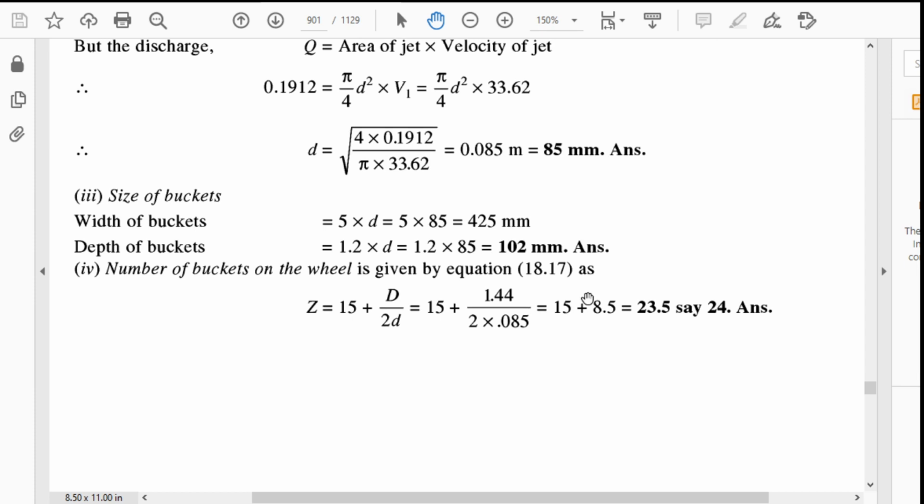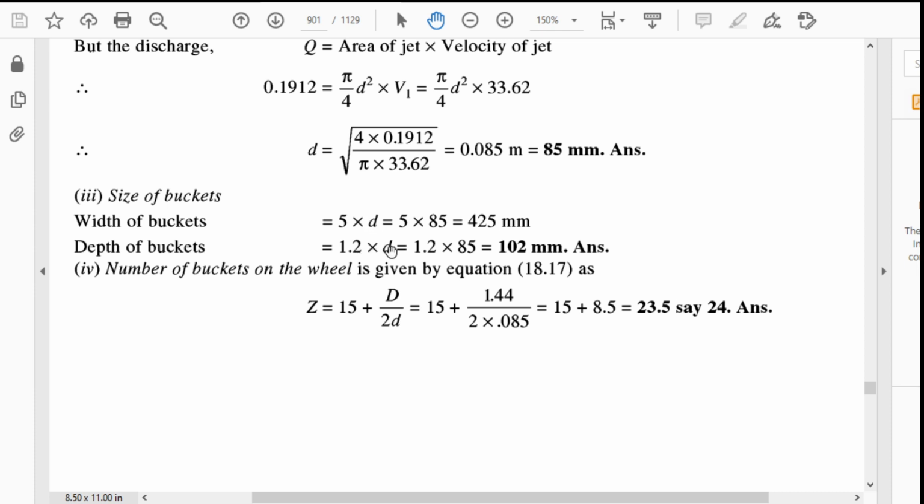Now two parameters we have calculated. Third is the size of buckets, which means width of buckets and depth of buckets. They have given the formulas. The width of bucket will be 5 into diameter of jet, and the depth of buckets will be 1.2 into diameter of jet.